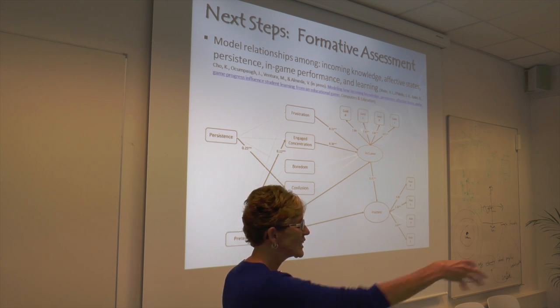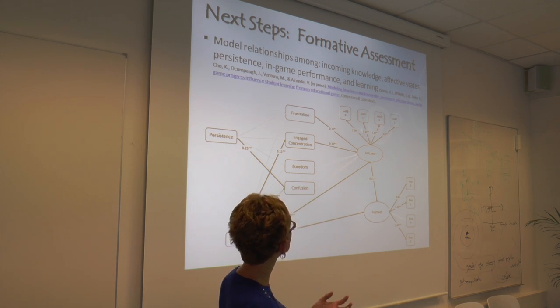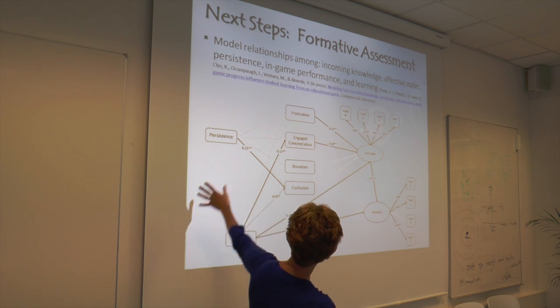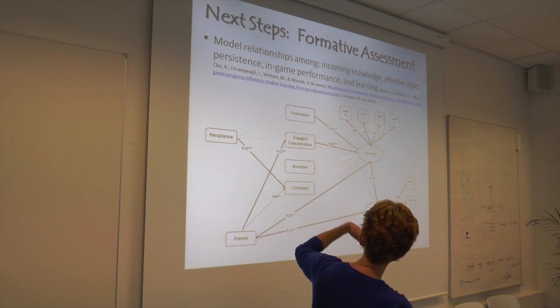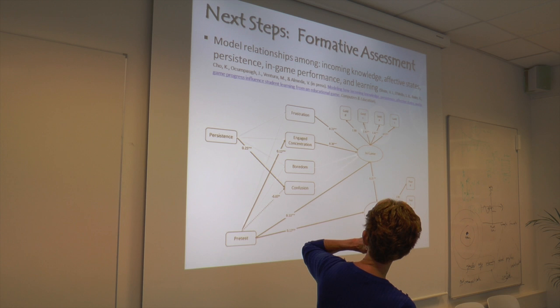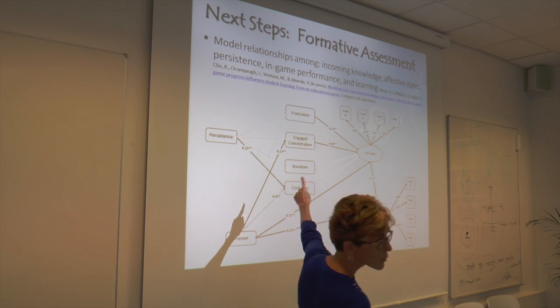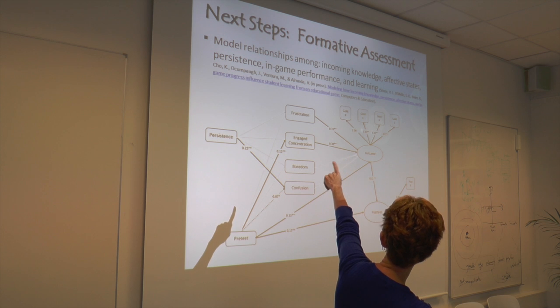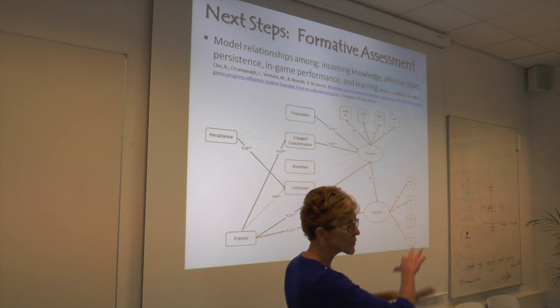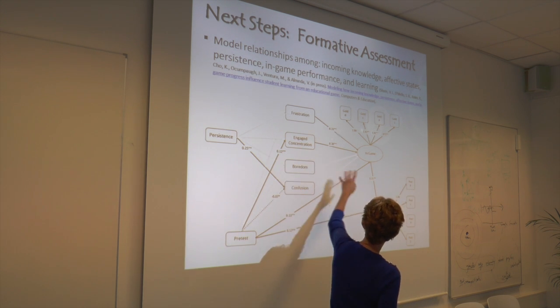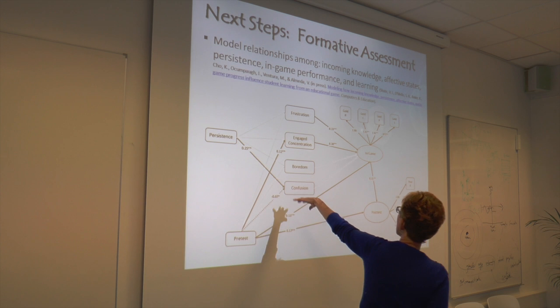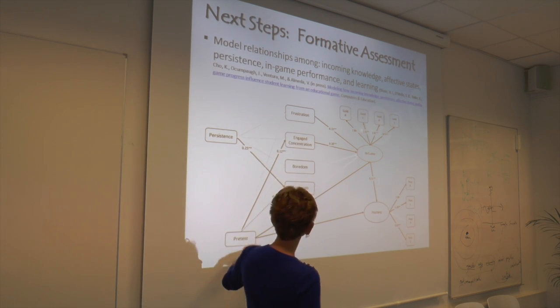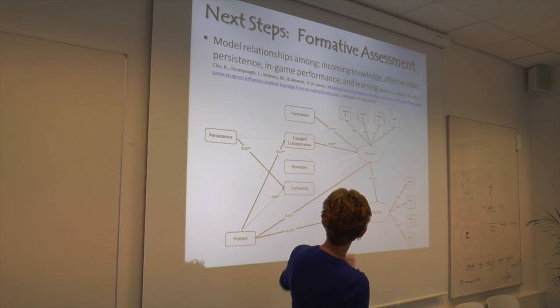So we had these three data sets coalescing together, and we ran a model that we just published, a structural equation model. What we were looking at is the relationship between persistence and some of the in-game behaviors and different affective states and pre-test and post-test.